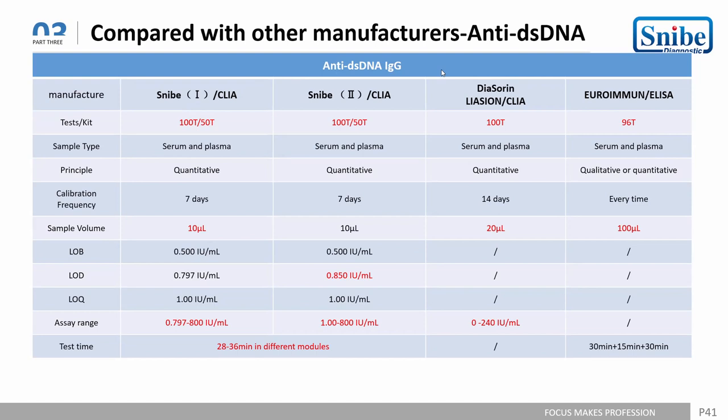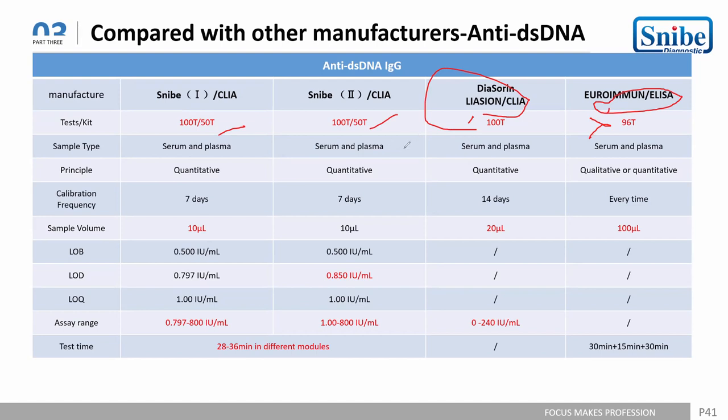The only companies available are Diasorin and the Euroimmun ELISA-based technique, which is a manual procedure. So we have a 50 test pack size as compared to the Diasorin. They have a minimum pack size of 100 tests. The Euroimmun is a manual procedure, so we will not consider it an exact apple-to-apple comparison, but it is also a competitor in double stranded DNA IgG.